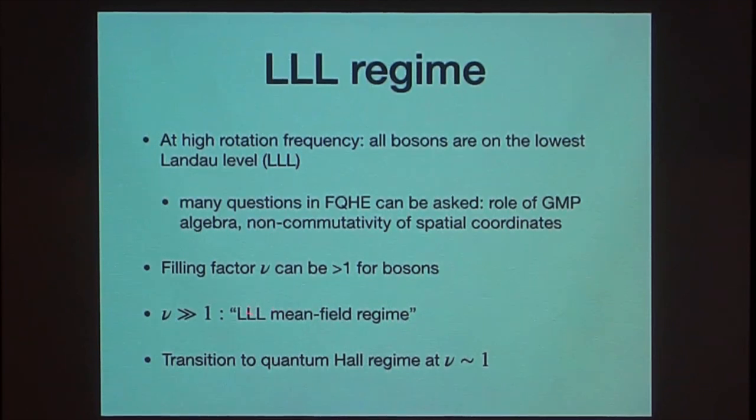So this lowest Landau level mean field regime is the regime where one expects the vortices to appear. And that system should suffer a transition to a quantum Hall regime at some value of nu of order 1. The exact value of nu where that happens is not exactly known, but it's of order 1.